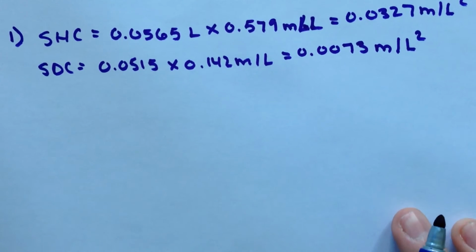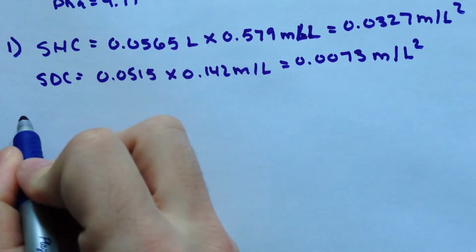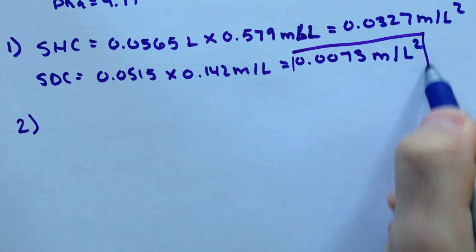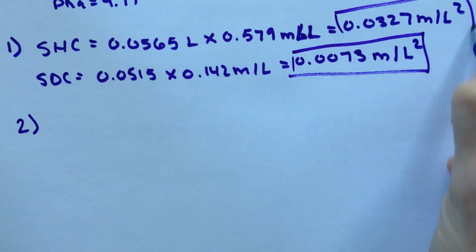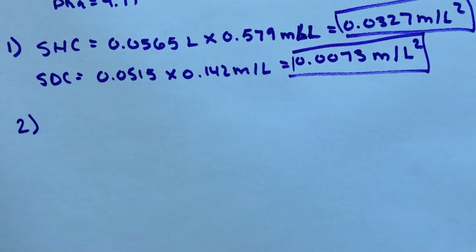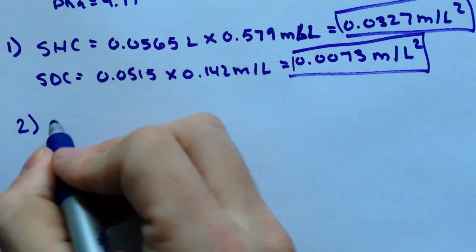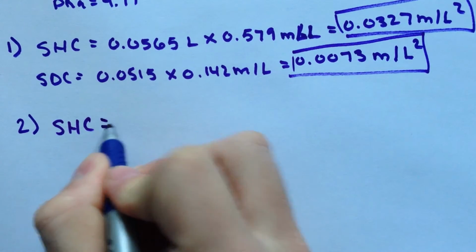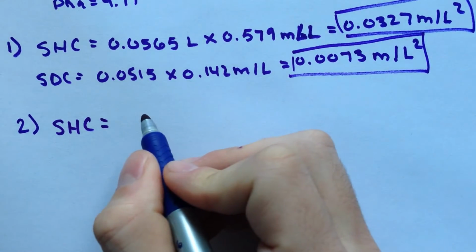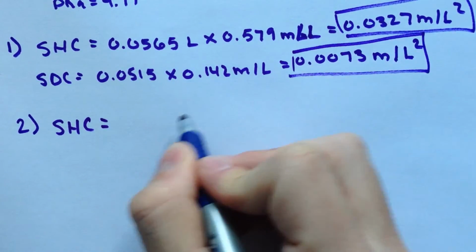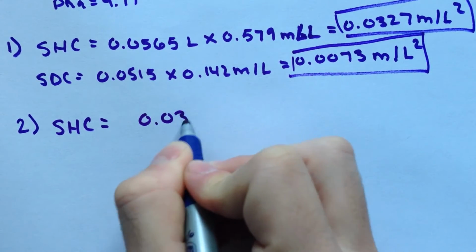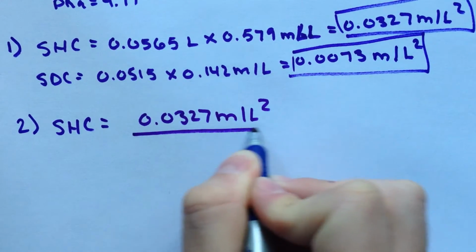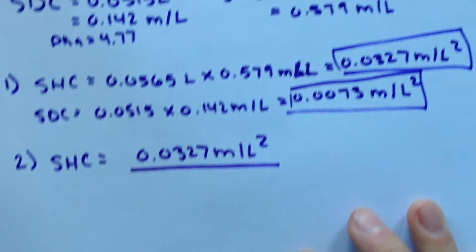So, going to step number 2 here, we're going to take these answers calculated above, and we're going to divide it by our total volume. So again, we'll just do this. Sodium hydrogen citrate equals, so you're going to take this number that we found, 0.0327 moles per liter squared, divided by the total volume of the 2.